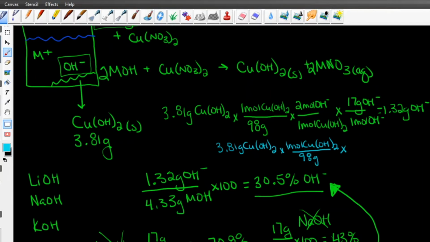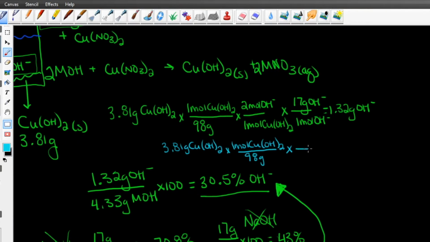And then for every 1 mole of copper hydroxide that I precipitated out, I know that that would have required 2 moles of that unknown metal hydroxide. This here would have given me the moles of my initial sample.